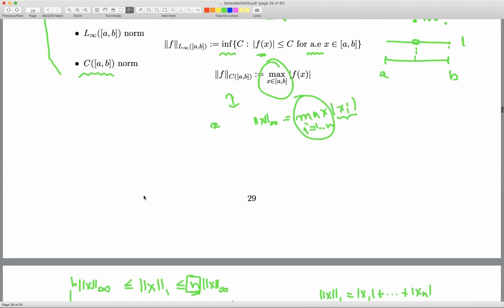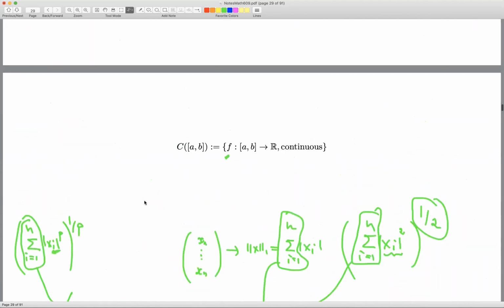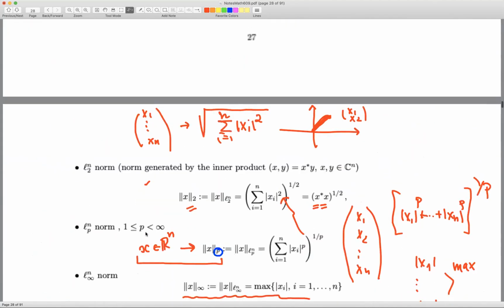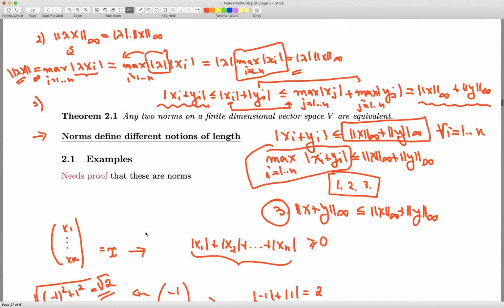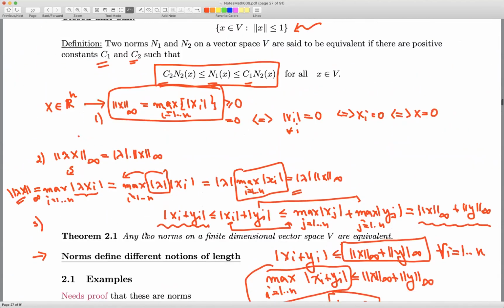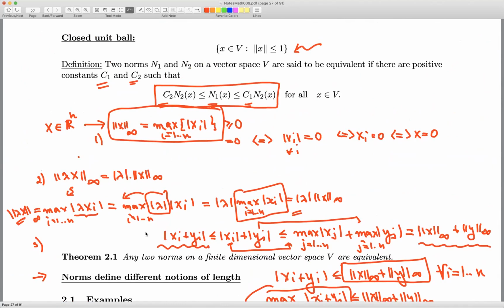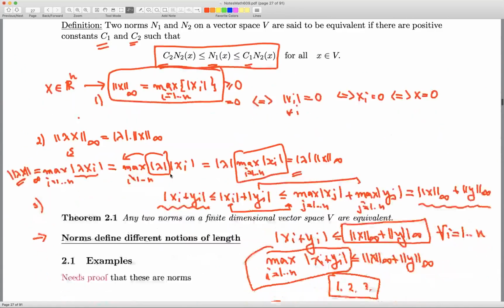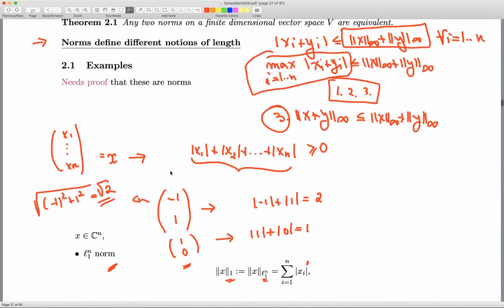And according to our definition of equivalent norms, which was somewhere here, 2 norms are equivalent exactly if there are 2 constants, such that if you apply the norm, n1, to an element x, you can bound it from above and below with the n2 norm of the element within 2 constants. And this is what we showed here.